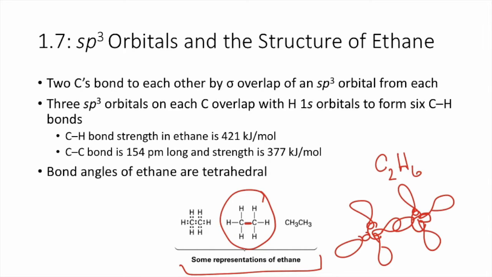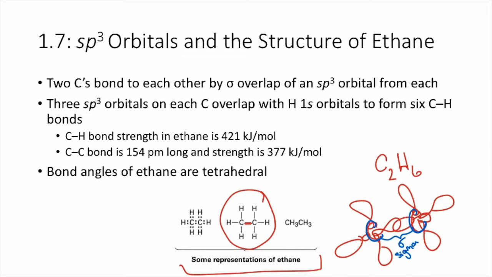And these drawings start to get a little bit confusing, I know. Let me actually use a different color for the carbons. So each of those carbons has 4 sp3 hybrid orbitals. The 2 carbons bond with each other by overlapping an sp3 orbital from each. And when we do that, we form a covalent bond that we call a sigma bond.